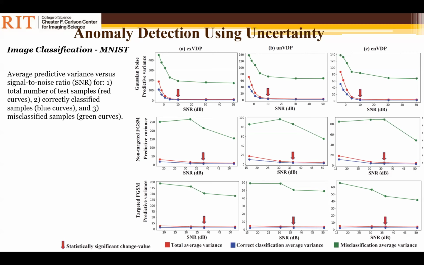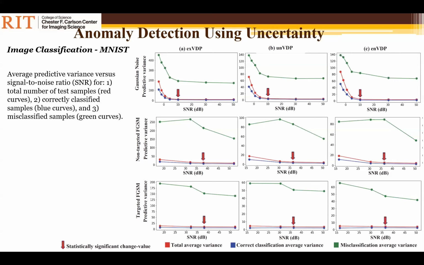The first one is Gaussian noise. This is adversarial noise called FGSM, the fast gradient sign method, but this is non-targeted, which means applied to all classes. And this is a targeted attack, which means we're targeting a specific class to fool the network.